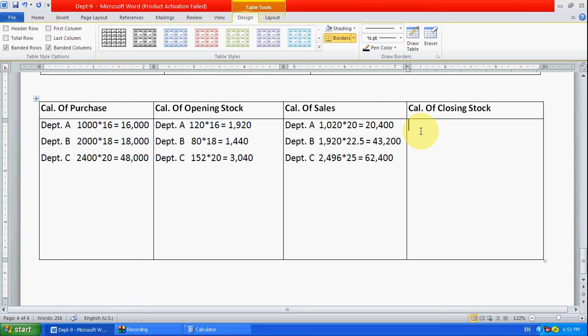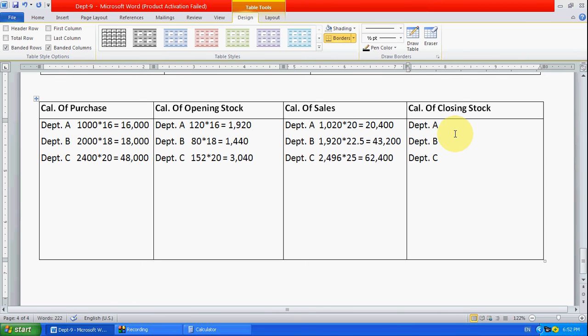Now we have to find the closing stock. Department A, department B, then department C. First check for A. Look, opening stock is 120 and purchases are 1000.